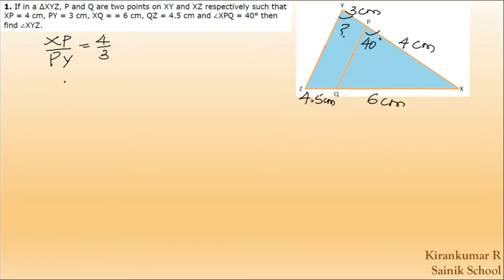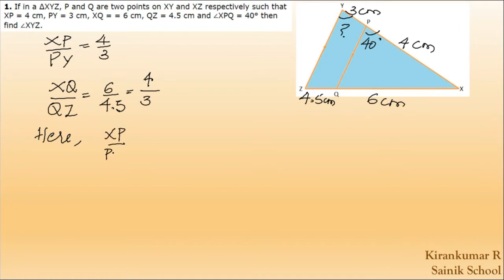And observe XQ by QZ, 6 by 4.5, it is divisible by 1.5. 1.5 3 times is 4.5, 1.5 4 times is 6. Here the ratio XP by PY will be equal to XQ by QZ.